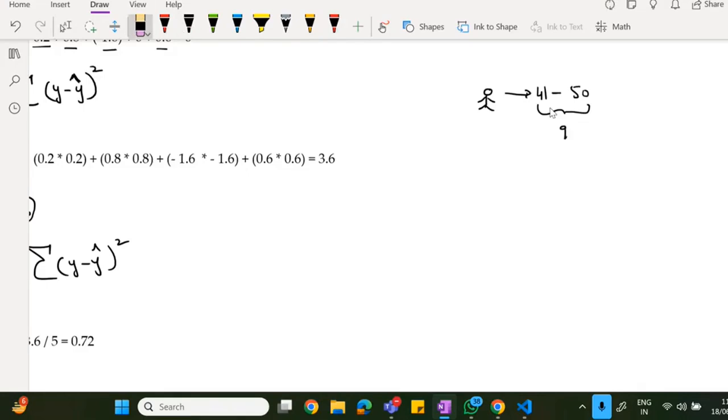I will write it the other way around: 50 minus 41, so there is 9. The mistake he has made is lacking 9 marks to pass. Or let's take it as out of 50 questions, he gave the correct answer for 41, and the mistakes he has made are 9.